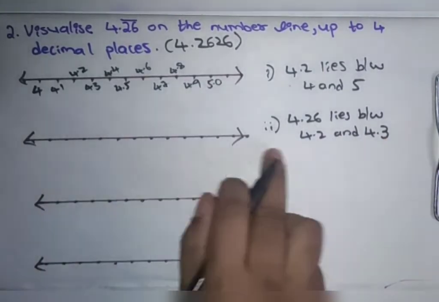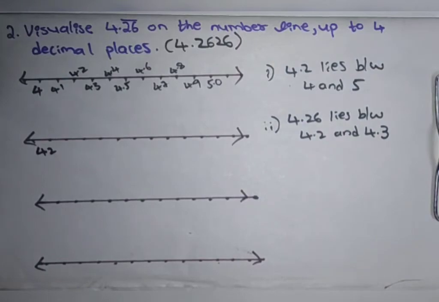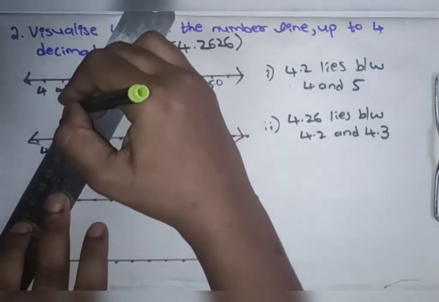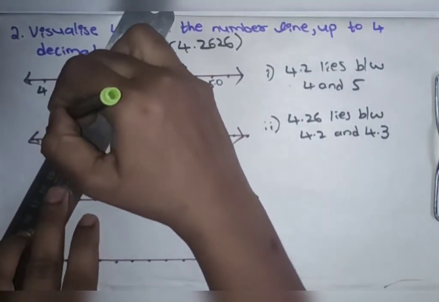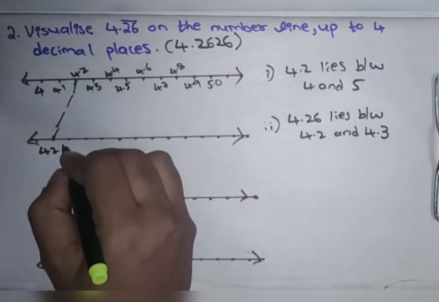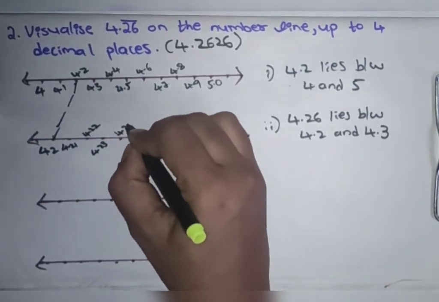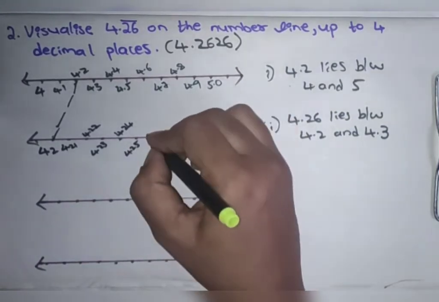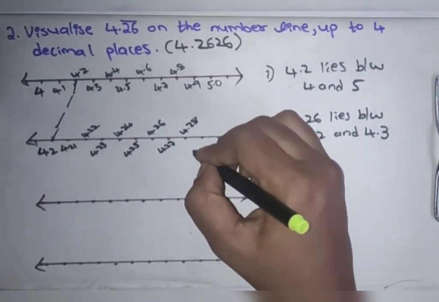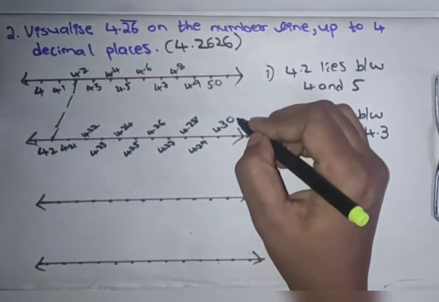No confusion. Now first you write 4.2. Afterwards 4.21, 4.22, 4.23, 4.24, 4.25, 4.26, 4.27, 4.28, 4.29, towards 4.30, which is 4.3.